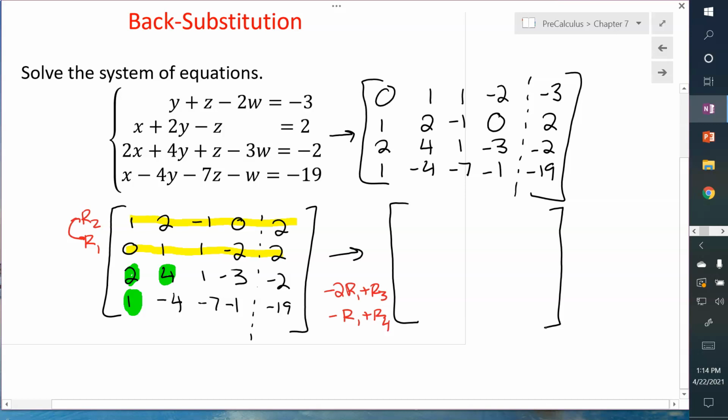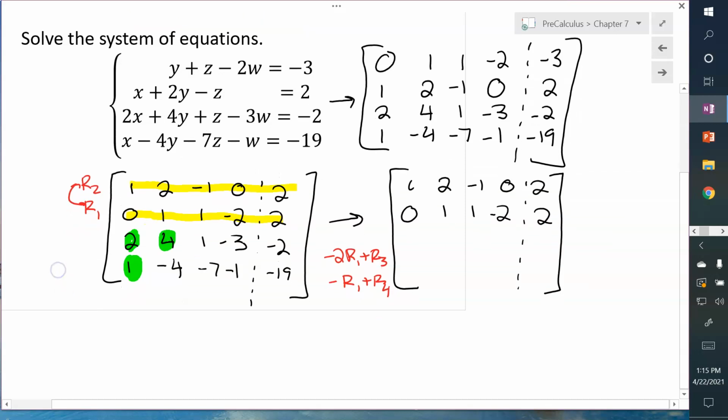All right, so no change for my row 1 and row 2. So 1, 2, -1, 0, 2, 0, 1, 1, -2, 2. All right, so -2 row 1 plus row 3. I'm just going to do this over here.